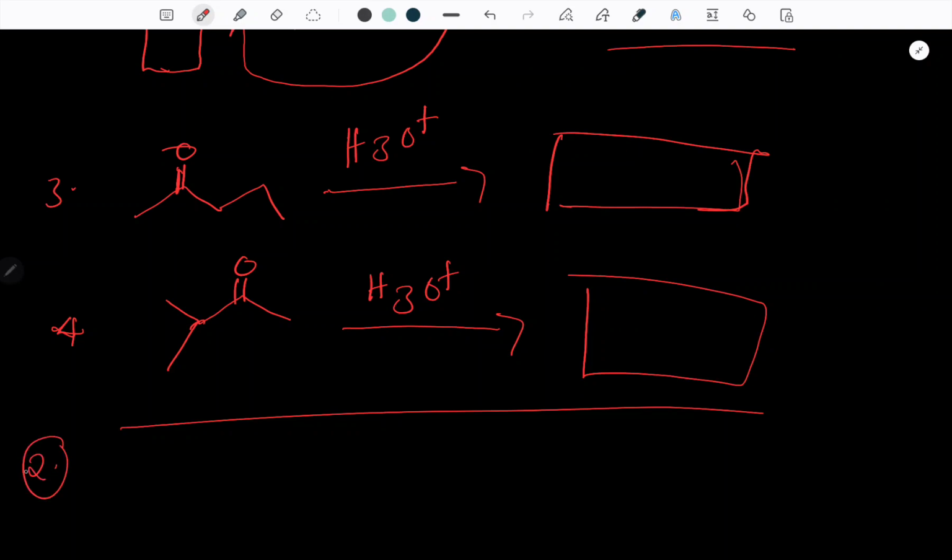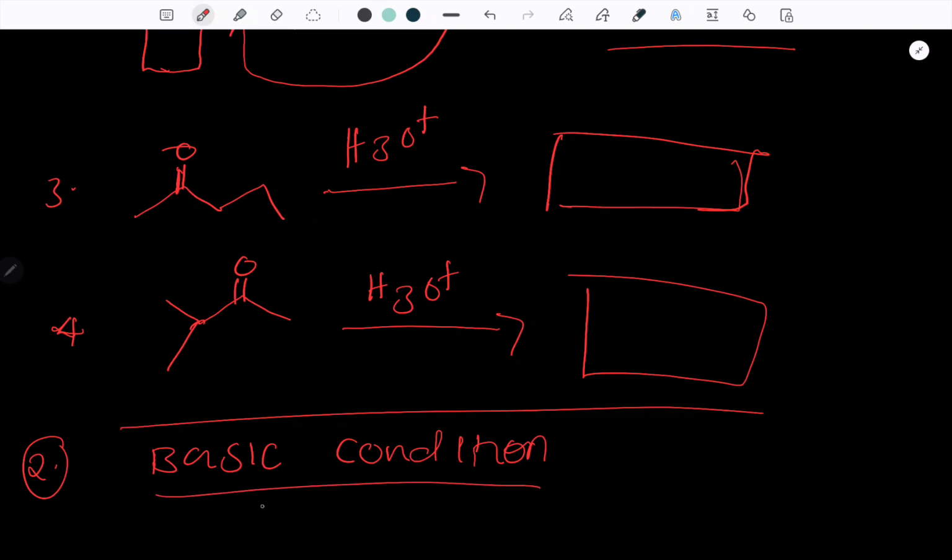That's number 2, basic condition. So we're going to start on basic condition, so that we know how to form enols using a base.